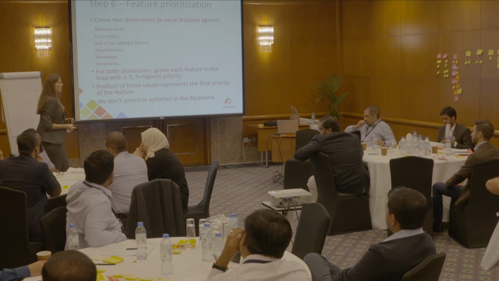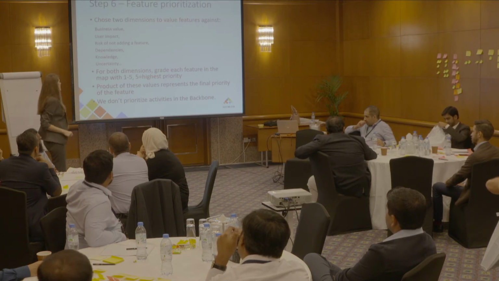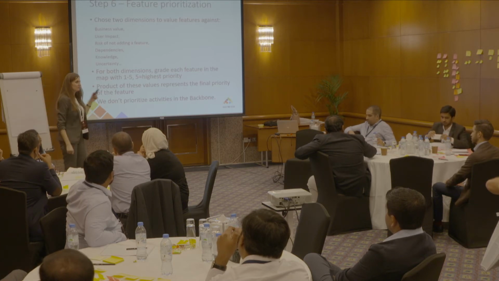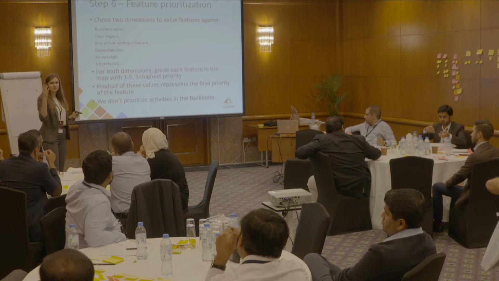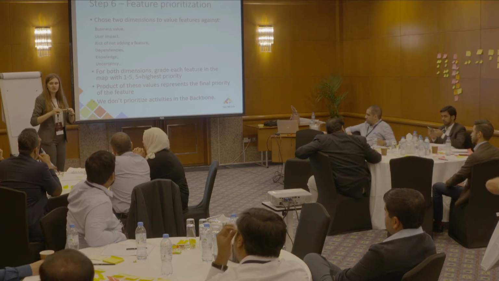But if the walking skeleton is good, everything that is in the walking skeleton is the most important, right? And then do the same for the user impact. Then the product of these two values is the priority. So you don't need to rearrange anything, just add points and multiply.